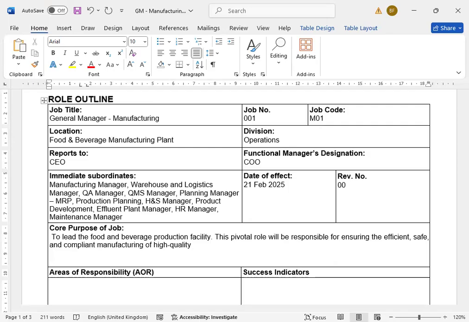Probably the lead auditor is coming from the quality management system or even the quality assurance manager, and they're going to do the audit. It could be a monthly audit, a quarterly audit, or every 6 months. It could be an independent audit.